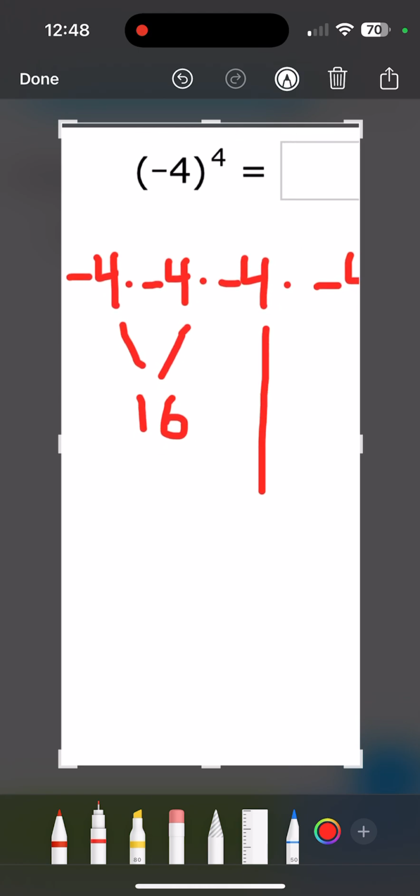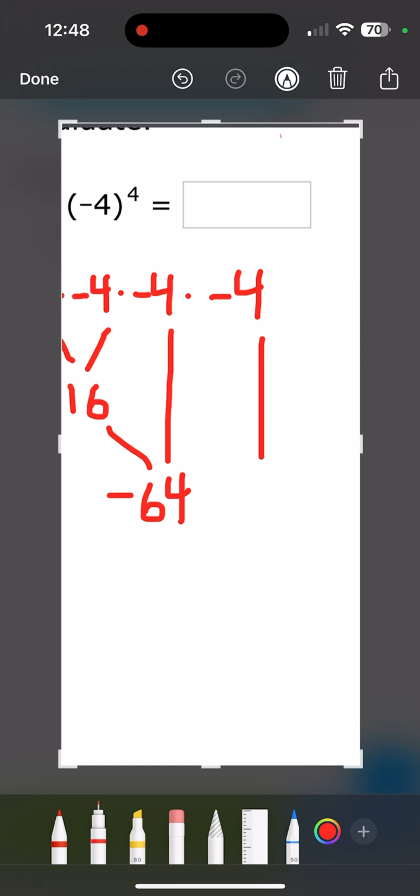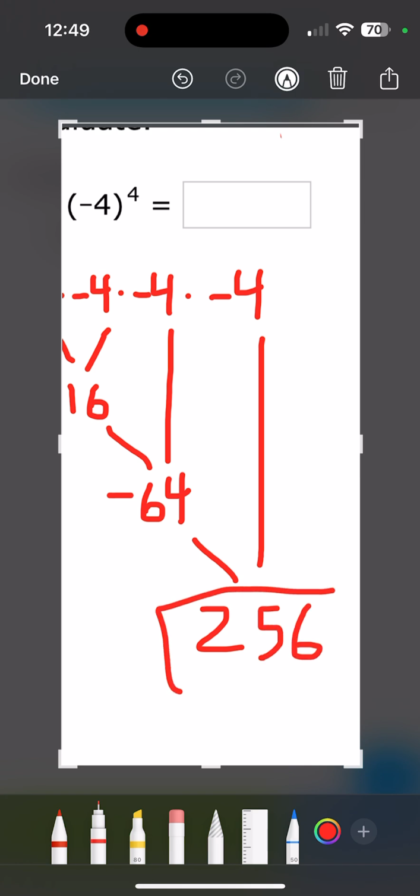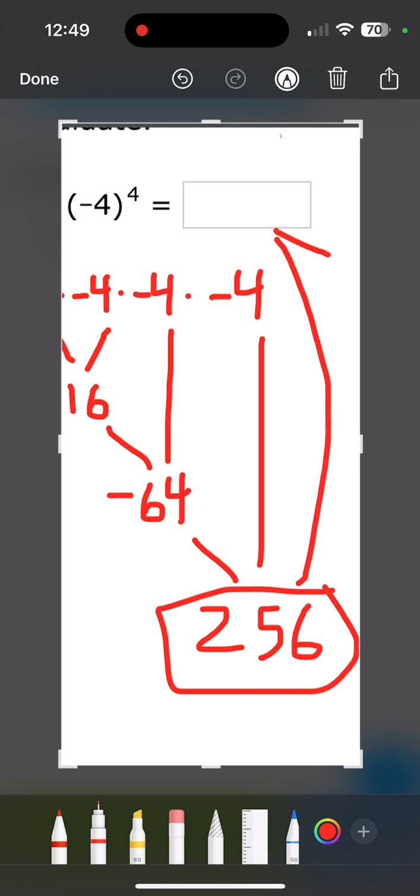Okay, -4 times positive 16 would end up being -64. And then -4 times -64. Let's see, what's that one? That is positive 256. That ends up being your final answer here.